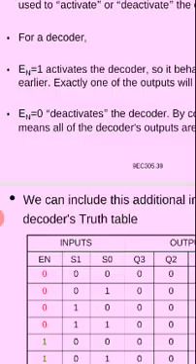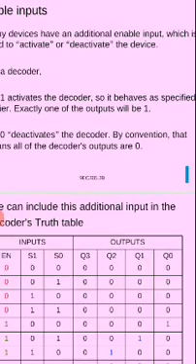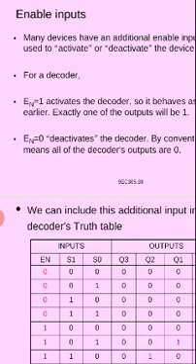We can include this additional input in the decoder's truth table.